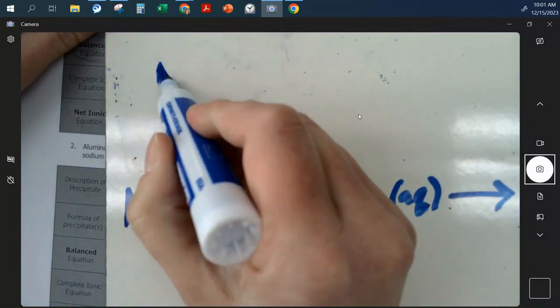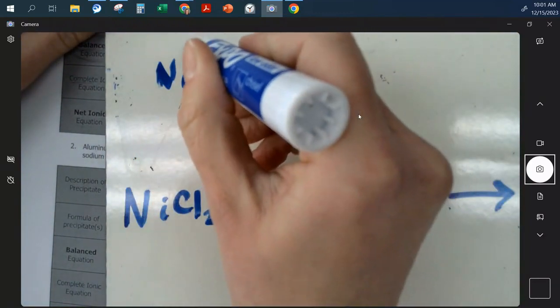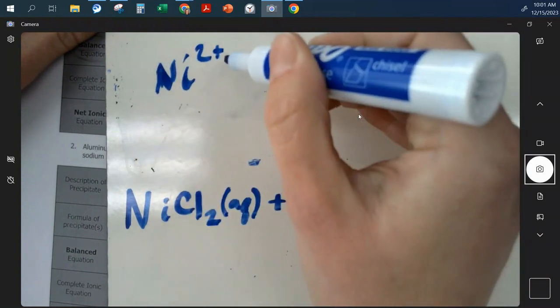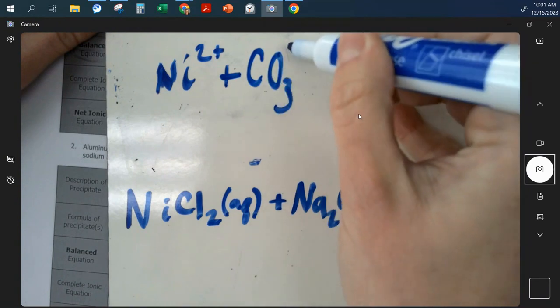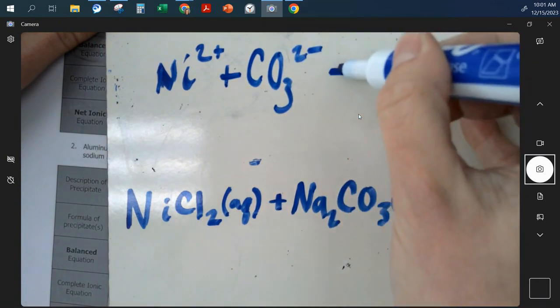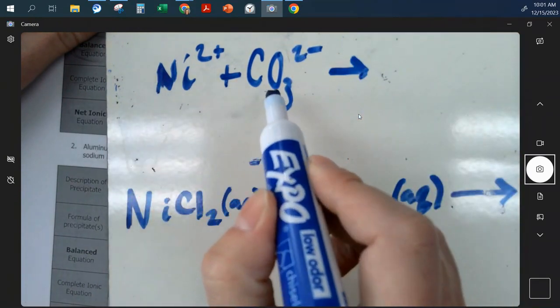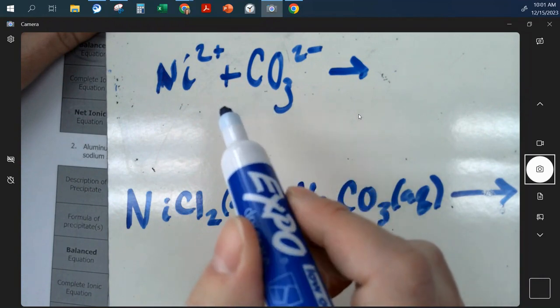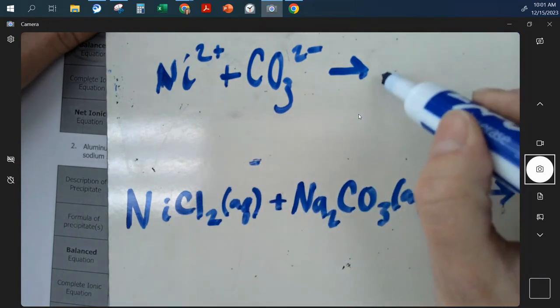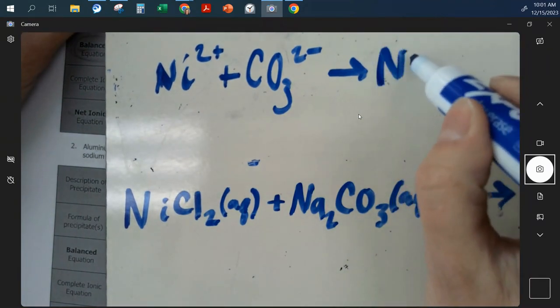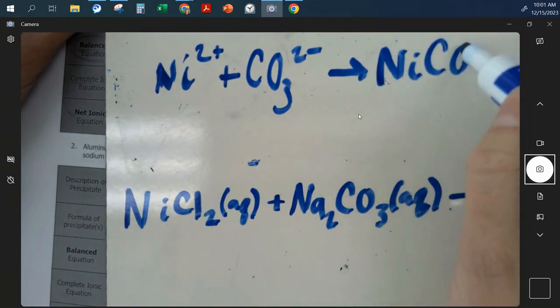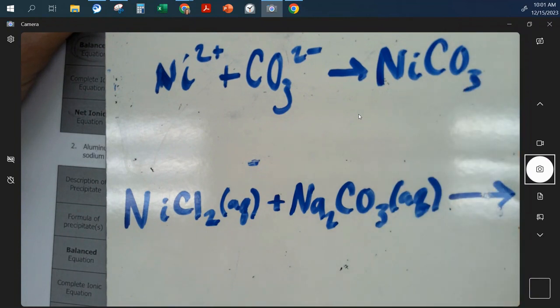We have nickel with a 2+ charge. And we have carbonate, CO3 2-. So what would our formula be for nickel carbonate? Yep, each one, perfect, because they both have a 2- charge. That's perfect. So NiCO3.